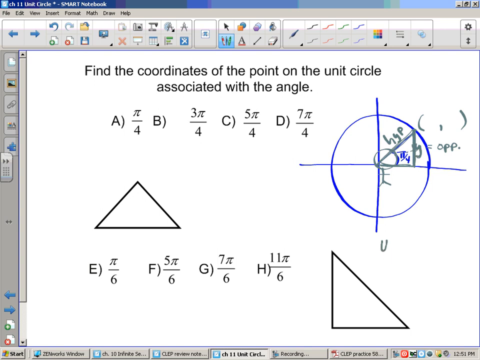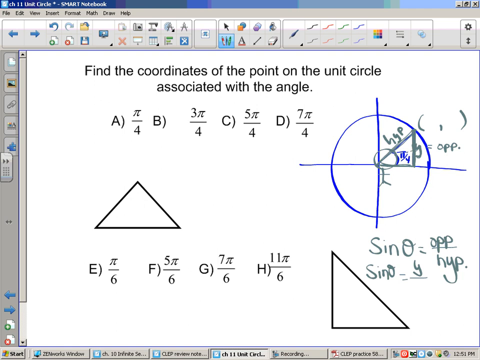So what we're saying then is that y is equal to the sine of that angle, I'll write it like that. The sine of that angle is equal to opposite over hypotenuse. Still good? And we know the opposite is the y value.